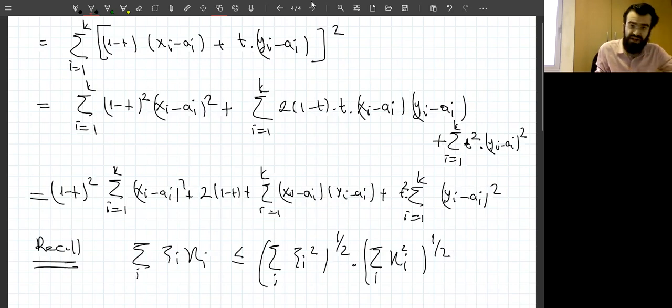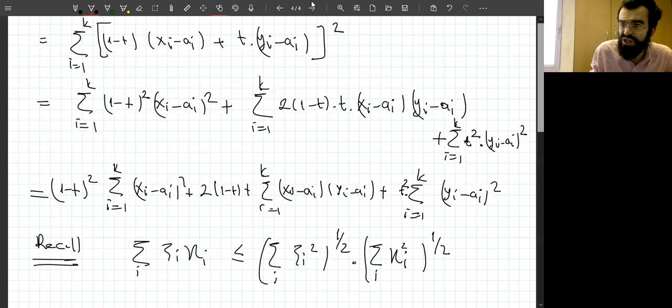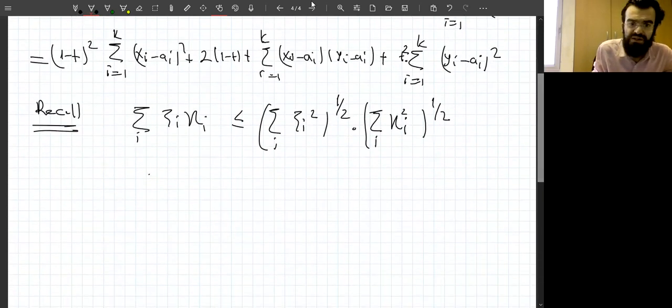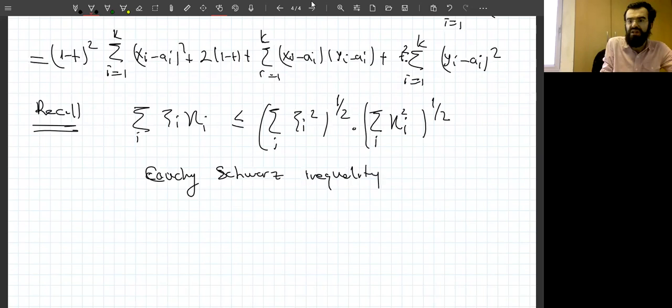This is the Cauchy-Schwarz inequality, the specific one of Cauchy. The more general one is the Holder inequality.